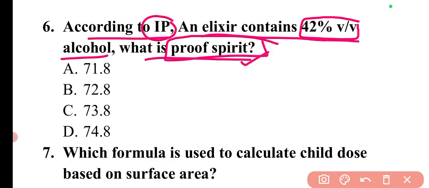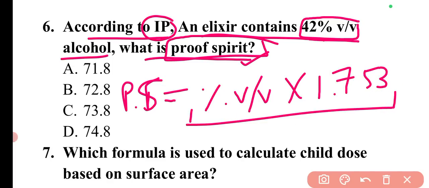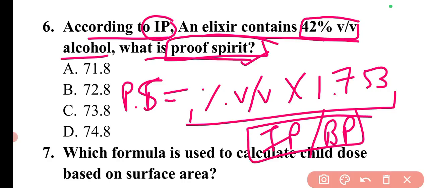So as per Indian Pharmacopoeia, proof spirit is equal to percentage volume by volume multiplied by 1.753. This formula is applicable for Indian Pharmacopoeia as well as British Pharmacopoeia both.